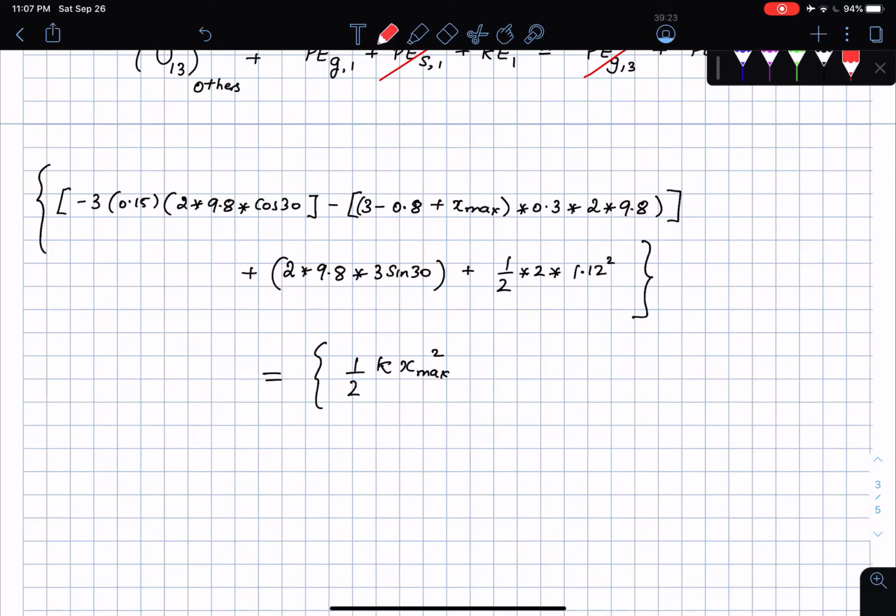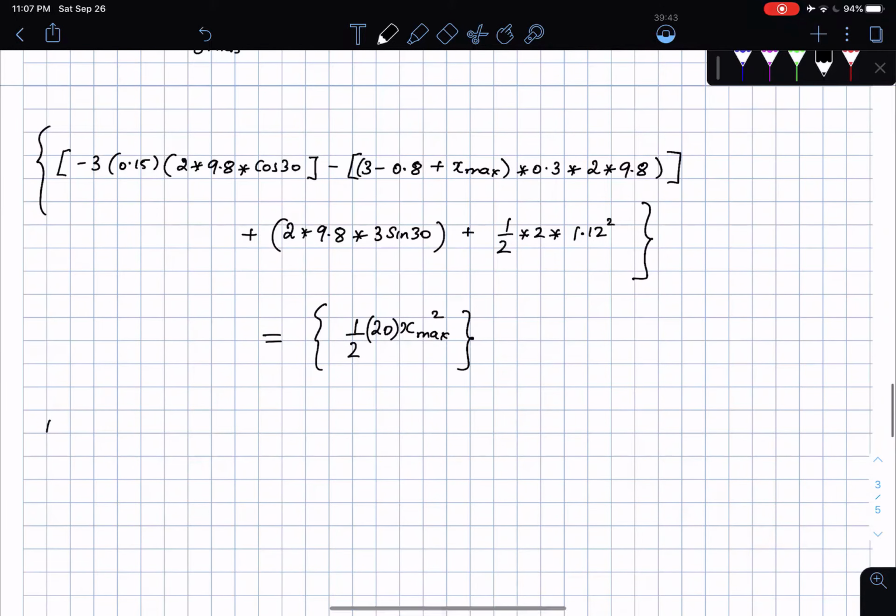The stiffness of the spring is known to me as 20, so let me substitute that here. So that's going to be half times 20 times x max squared. Okay, so this is stuff on the right hand side, and eventually what will happen is that, after simplification, I'll end up getting the following.